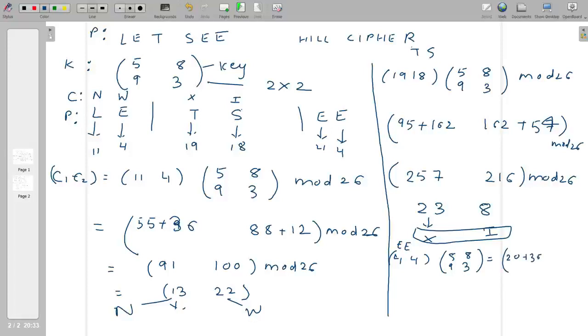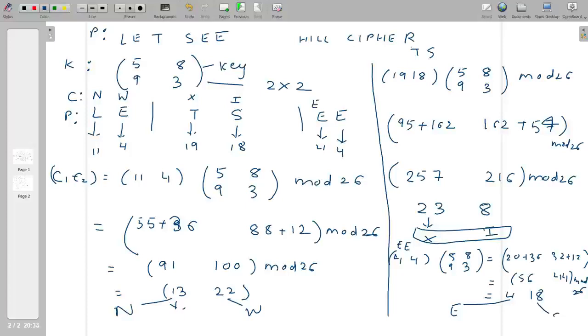Similarly, 4 into 8, which is 32, and 4 into 3, which is 12. When we add it, it comes out to be 56 and 44. And when we take the mod 26 operation, the remainder will be 4, and here the remainder will be 18. So this 4 is for E, and this 18 is for S. So E and S.